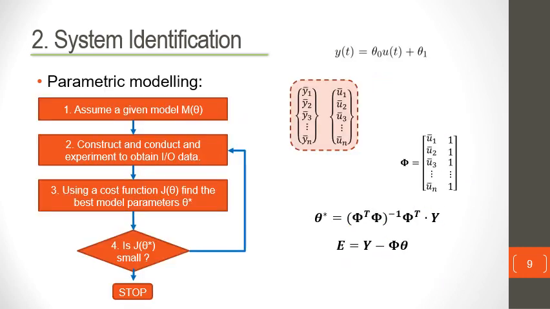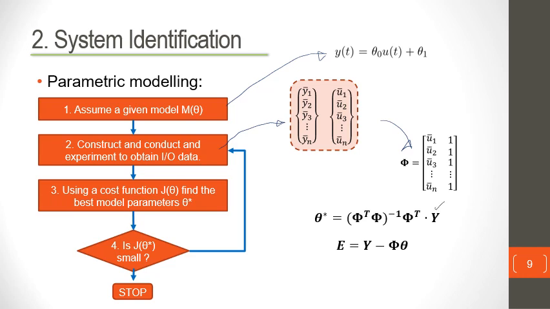So now, in our process, as initially explained, you have assumed a model, and then you have conducted an experiment to give you this data. After doing that, the next step is now to construct the phi, because you already have the y.